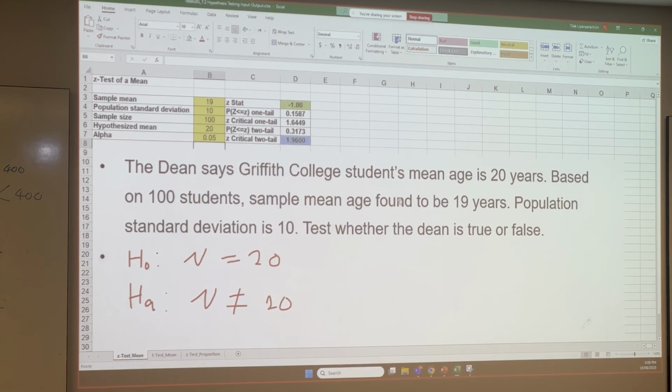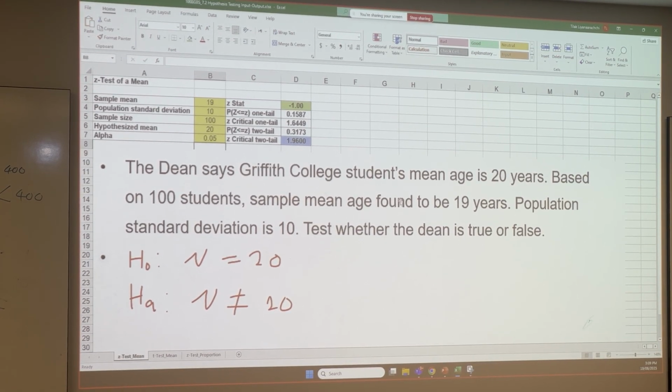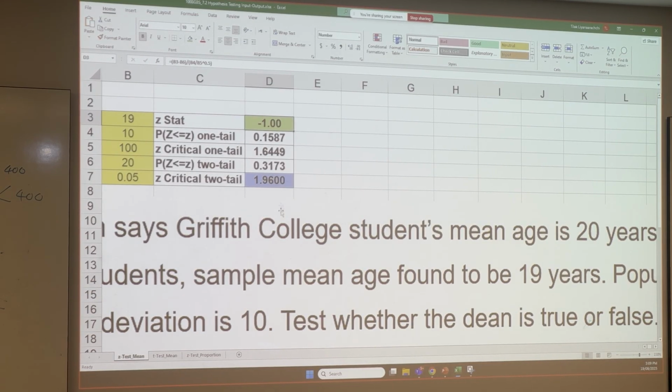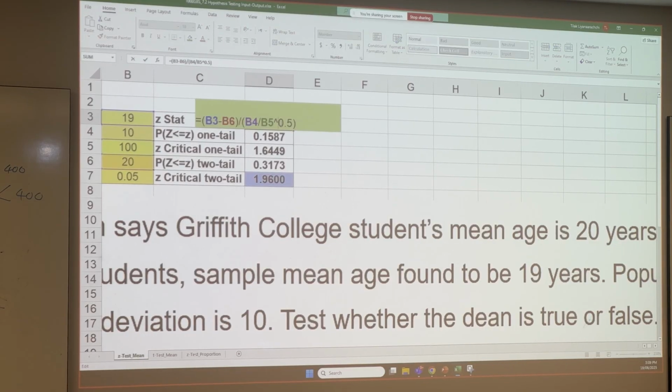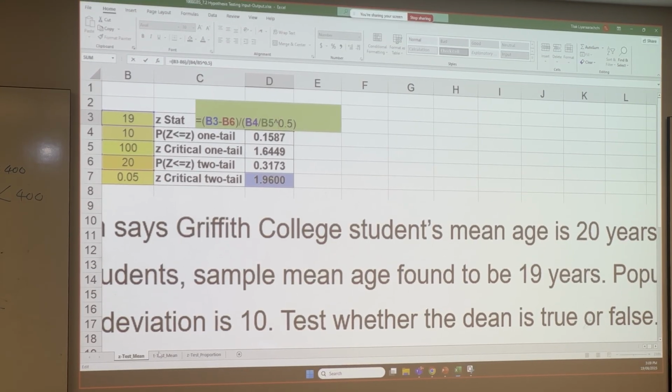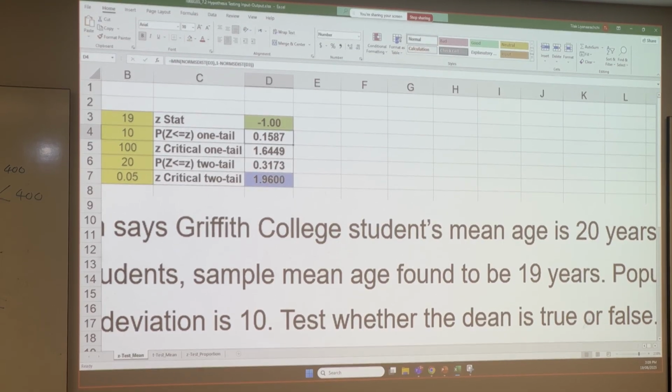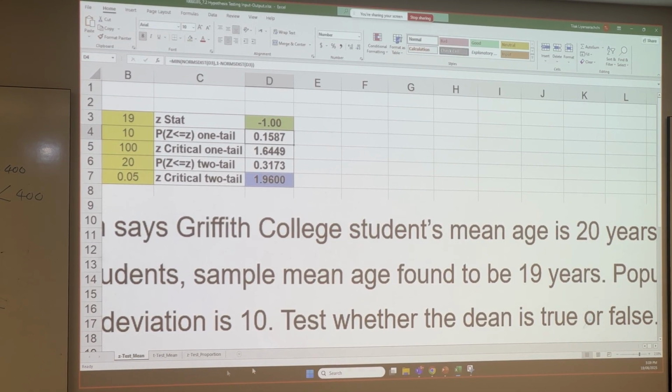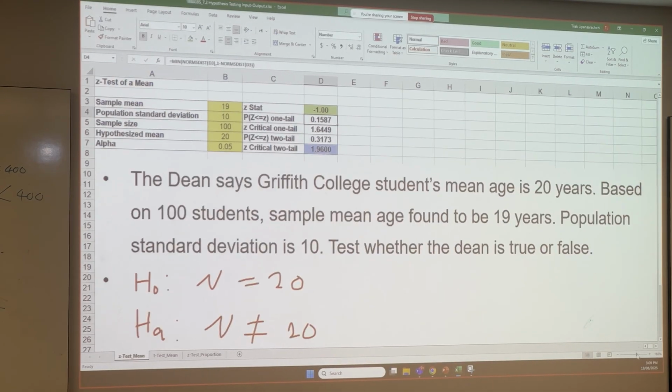So usually, if your calculated value is bigger than 2, it is always safe to say we reject the null.